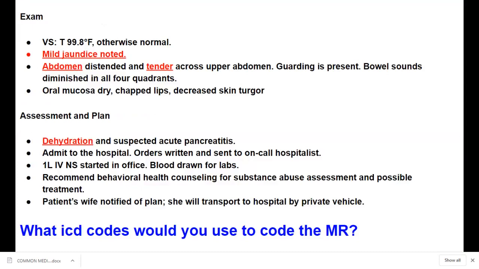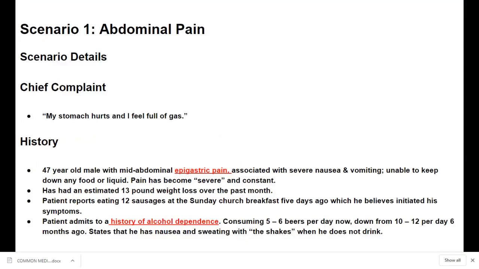Well, guys, let's just stop here. I want you to code it, and then after the slideshow, put what you think. I think it's going to be R10.13 for our epigastric pain, and I would code F10.20 for our alcohol dependence.